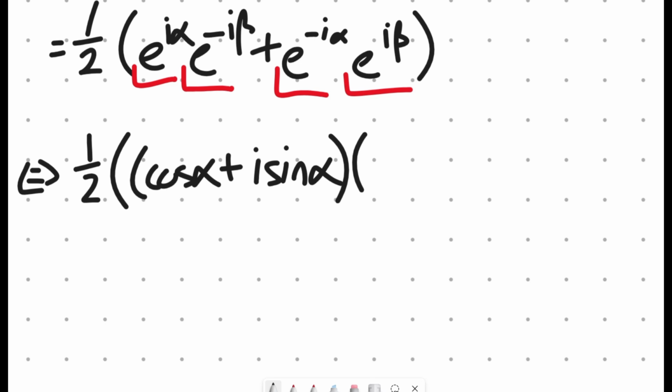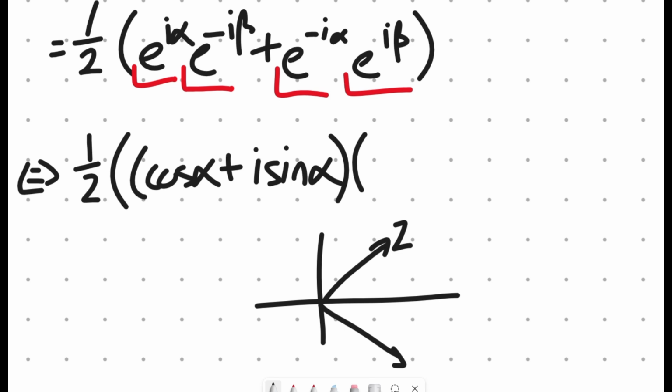If you look at the graph with the complex number z and the conjugate z, the angle is theta for z, and the conjugate is minus theta.